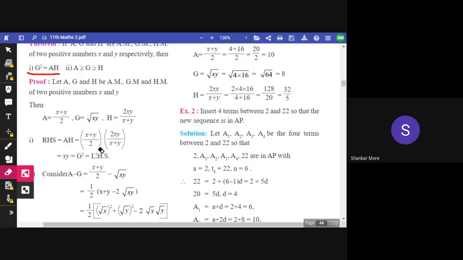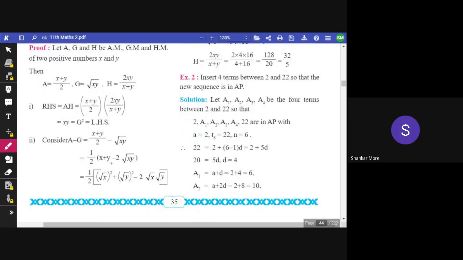Now for the second theorem, consider A minus G. A is x plus y divided by 2 and G is root of xy. So we take 1 by 2 common from both the terms. It remains 1 by 2 in brackets x plus y minus 2 root of xy. We will write x as the square of root x, it doesn't change the meaning.